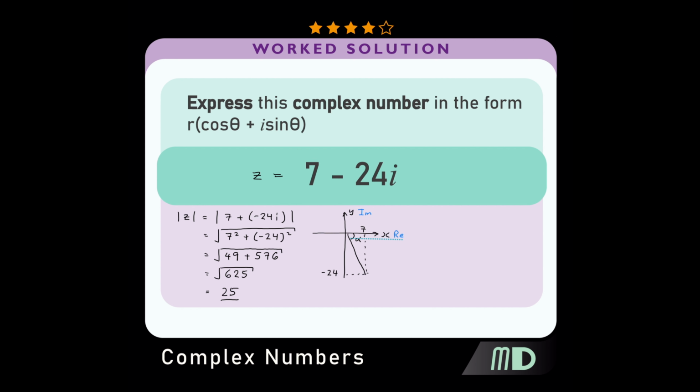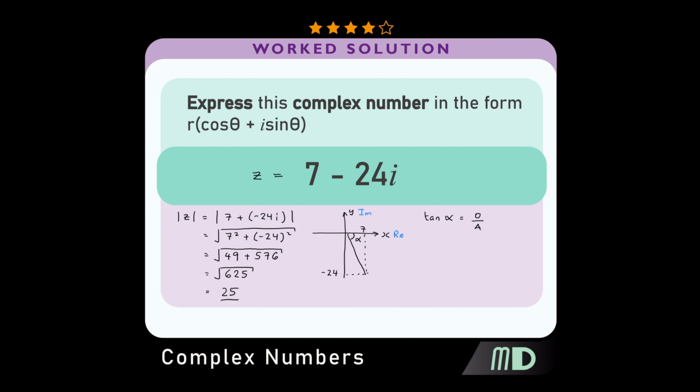To calculate alpha, we're going to use the right-angled triangle that has been formed and apply trigonometric ratios. The trigonometric ratio we need to apply is the tangent ratio. And the tangent of alpha is equal to the opposite side divided by the adjacent side.